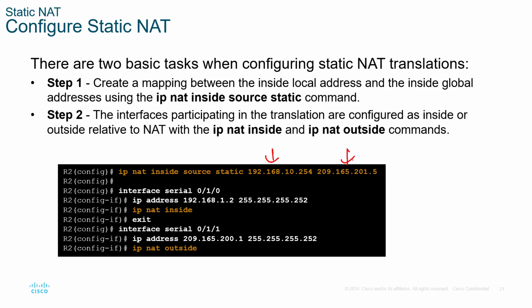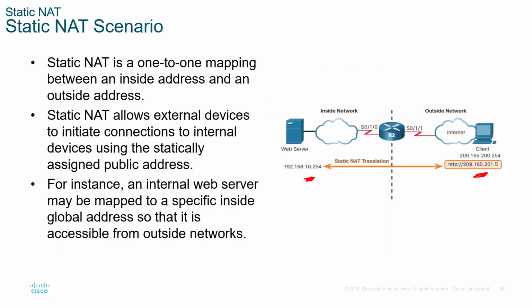What are the outside and inside interfaces? These ones, we identify them with respect to our NAT-enabled router. So in this case, this is our NAT router. These two interfaces define the interfaces participating in the translation. So from inside the network, we have the inside interface.